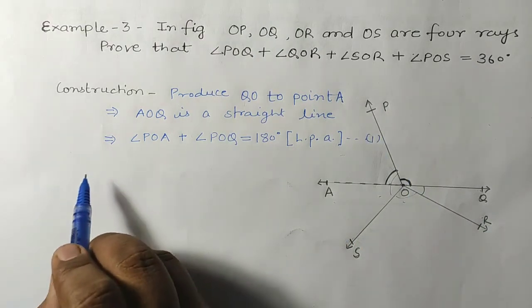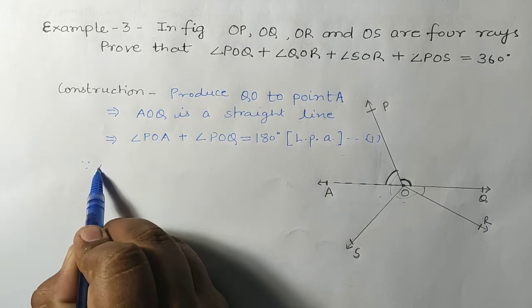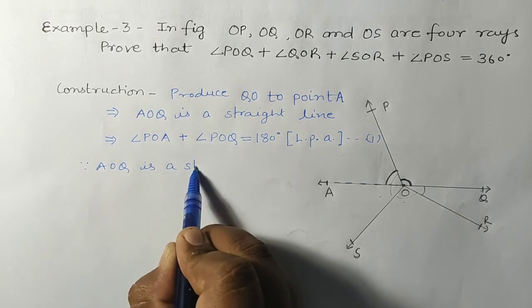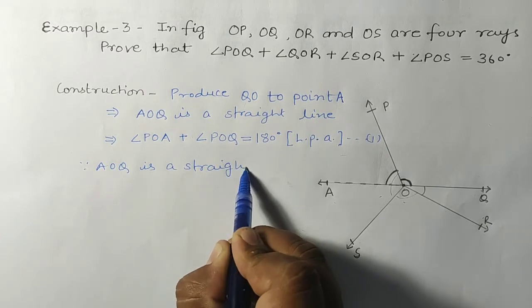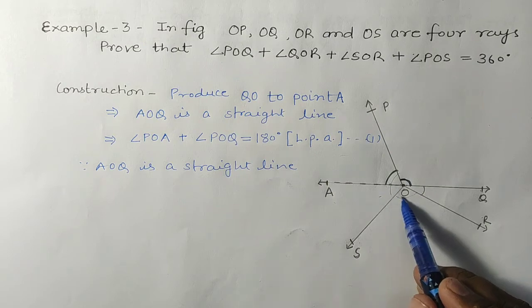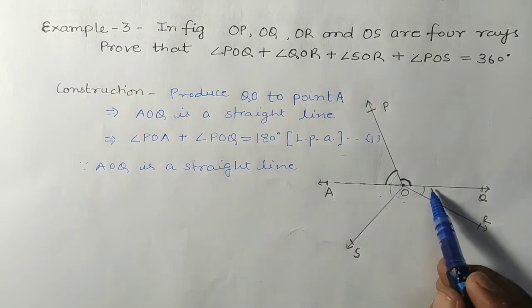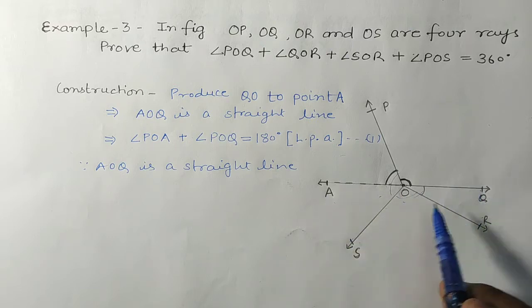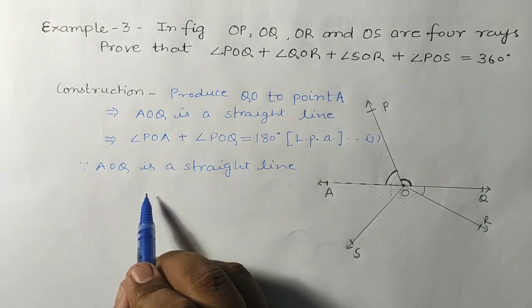Now again, since AOQ is a straight line, the sum of all angles on the downside of this line segment will also be 180 degrees.